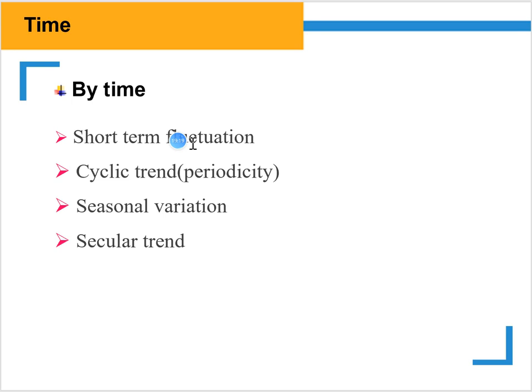We might know the trend of the disease or some change that is unexpected. Common temporal patterns of morbidity and mortality include short-term fluctuation, cyclic change, seasonal variation, and secular trends.